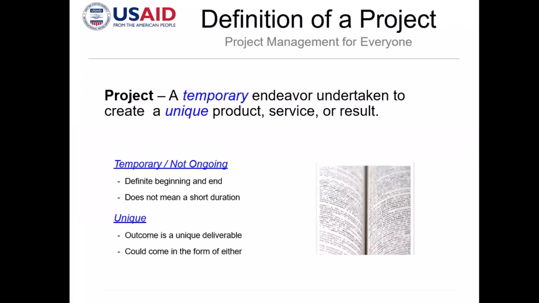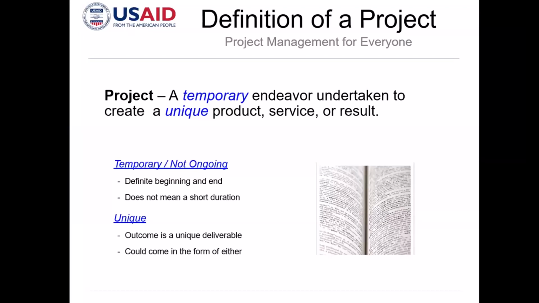So what is a project, right? A project is a temporary endeavor undertaken to create a unique product, service, or result. In this case, our unique service would be O-RAN, or mobile network connectivity, which we will normally offer to the public, right?